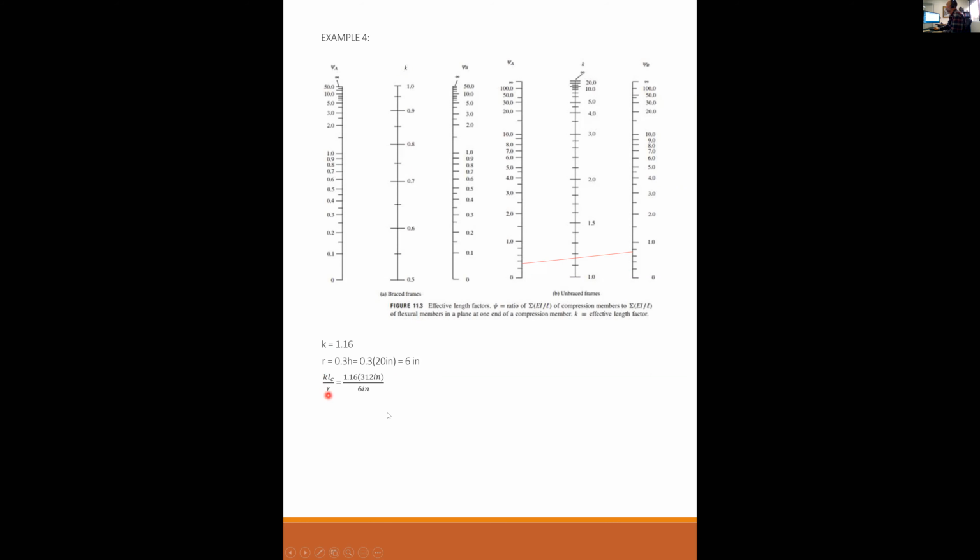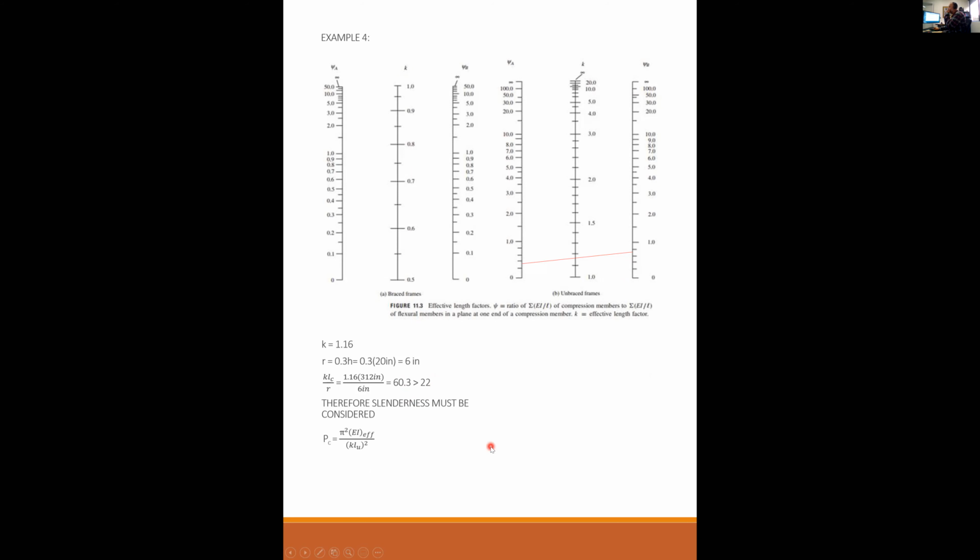So KL over r is 60.3. That is quite a bit larger than 22. This 22 comes from the code provision that gives you the threshold at which you can ignore slenderness. We're way above it, so we have to consider slenderness.